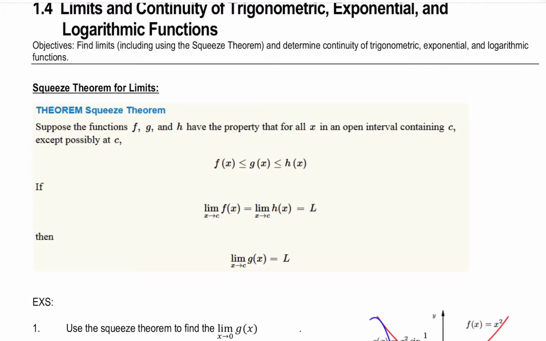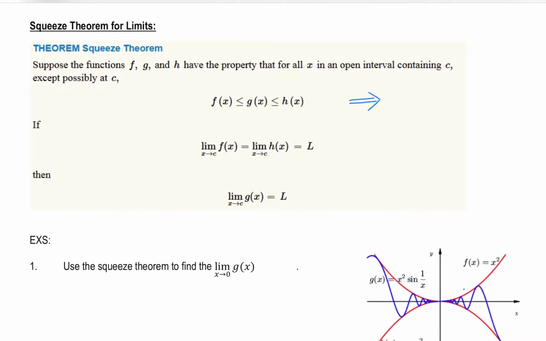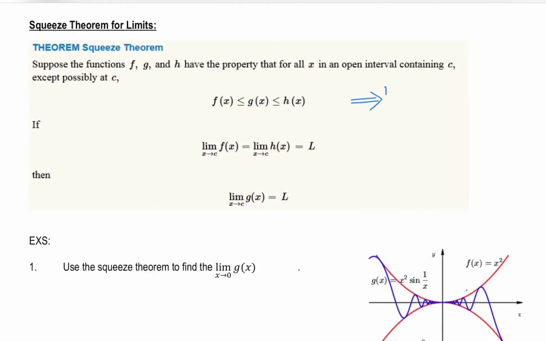So if I can get g of x greater than or equal to some f of x and less than or equal to some h of x, if that inequality holds, then it should also be true that any kind of limit of that inequality would hold also. So what we're really saying here is, if this inequality is true, then certainly the limit as x approaches c of that inequality should also be true.